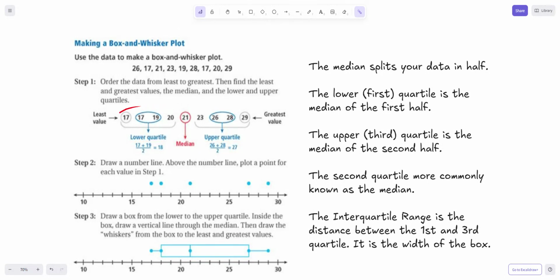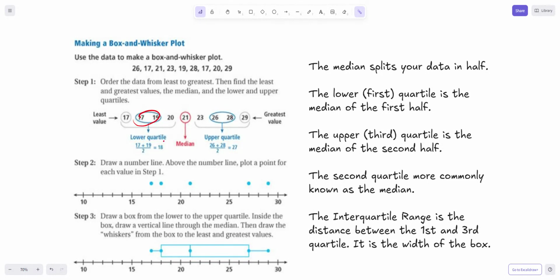So if we look at just one half of our data and find the median of that half, this half has 4 numbers, and the median of these 4 numbers would be the average of the middle 2, right? So I add 17 with 19 to get 36, sorry, 17 plus 19, 36.